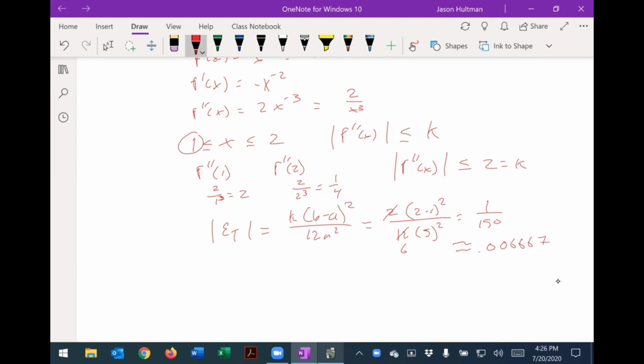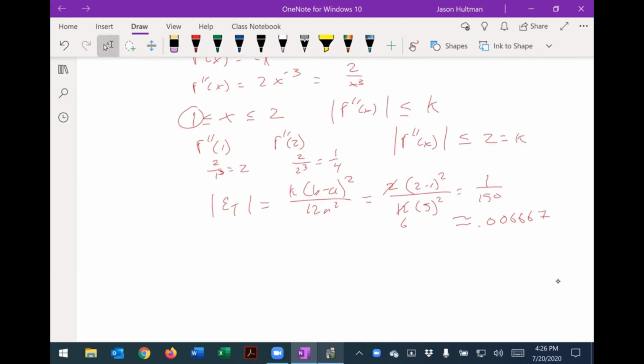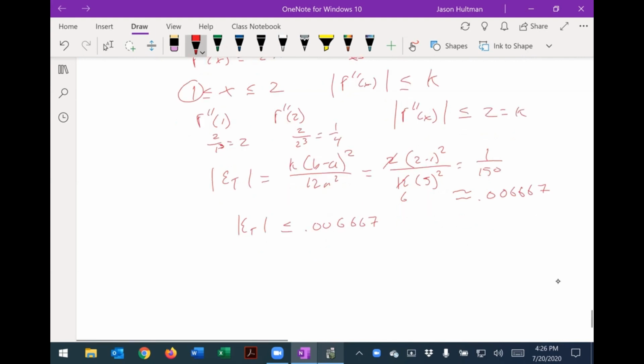It's basically 0.006 repeated forever, but I want to go out 6 decimal places. Why? Because I want to compare that to the error that we got. So E of t is less than or equal to 0.006667. How does this compare to the actual error?